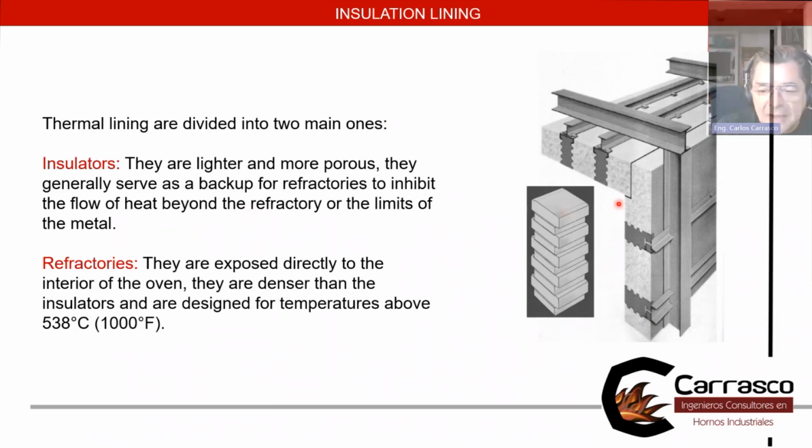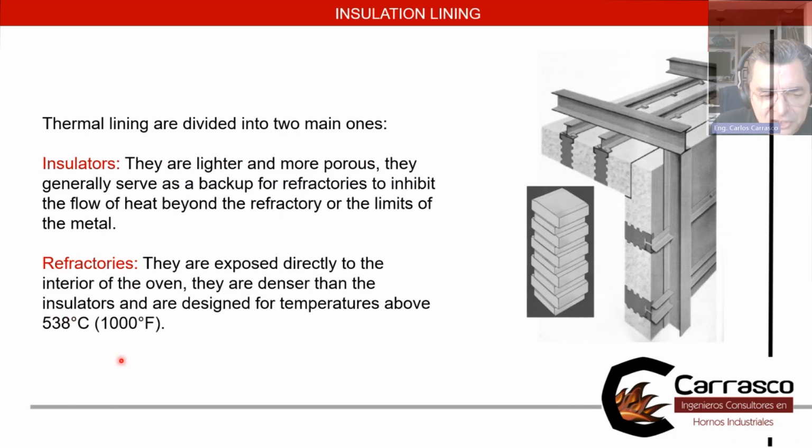Usually they are used to back up the furnace beyond the refractory limits of the material. The refractories are directly exposed to the interior of the furnace or the oven. They are denser than the insulation, and they are designed for working at temperatures at or above 538 Celsius.